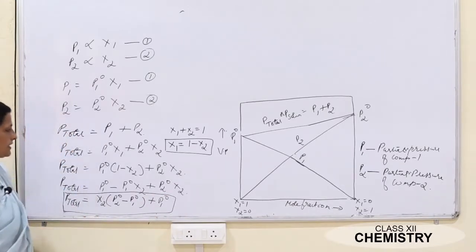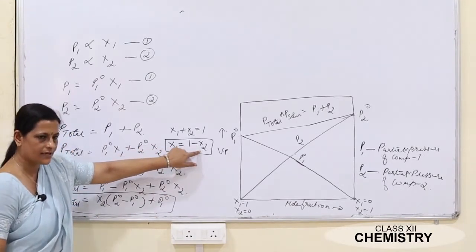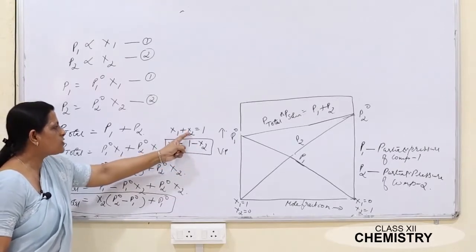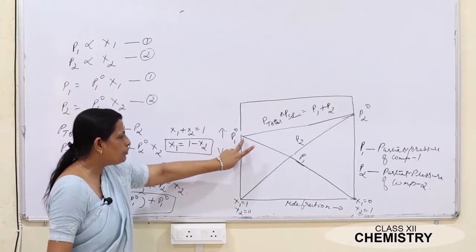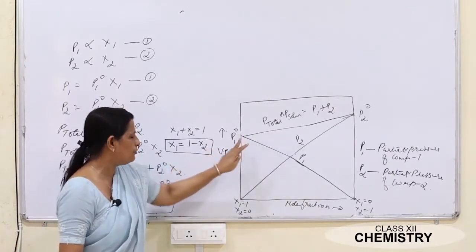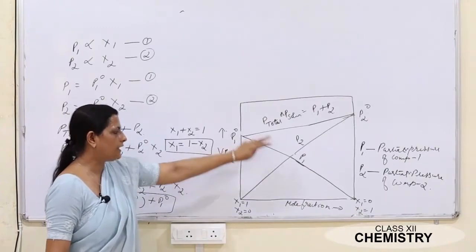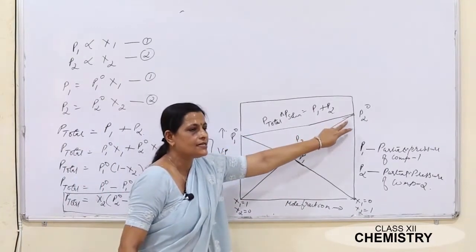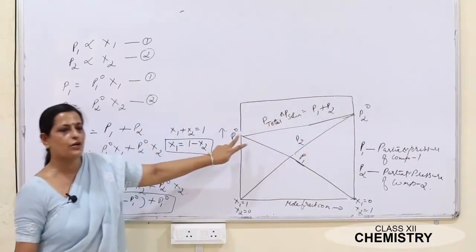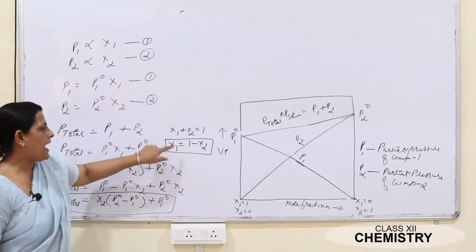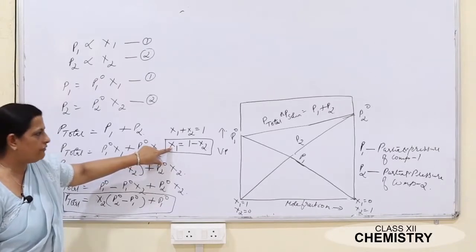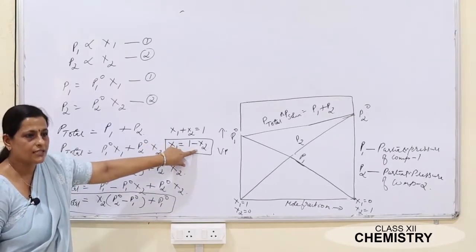So I have taken here x1 is equal to 1 minus x2 instead of taking x2 is equal to 1 minus x1. See this graph. You see both the solutions, do they have the same pure vapor pressure? No, component 2's vapor pressure is greater than the vapor pressure of component 1. So that is the reason I have expressed the mole fraction of component 1 with respect to component 2.